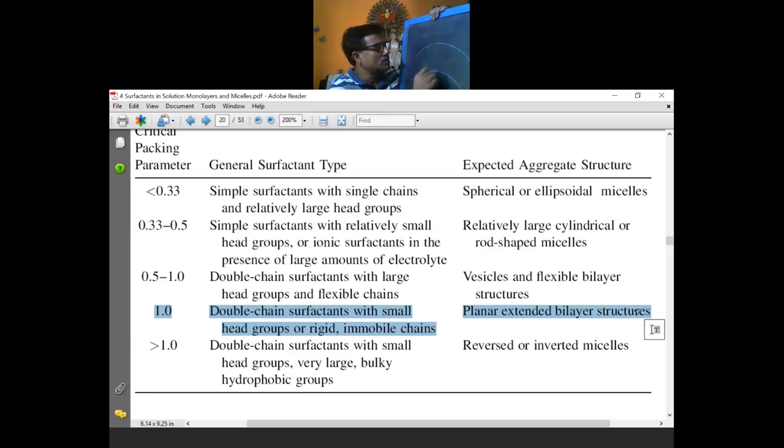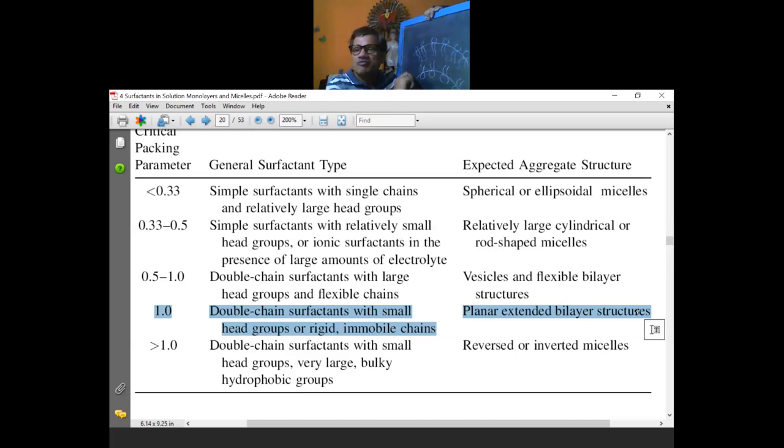And you have to remember the case of the cell membrane. In your third or fourth semester, when you undertake the physical chemistry or inorganic chemistry specialization, we will discuss the membranes in detail. They form a bilayer, and this is called a flexible bilayer.